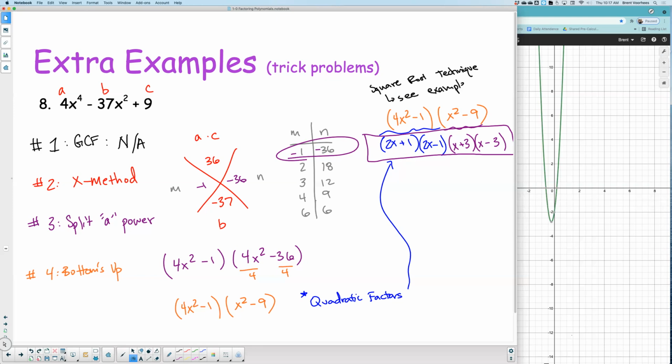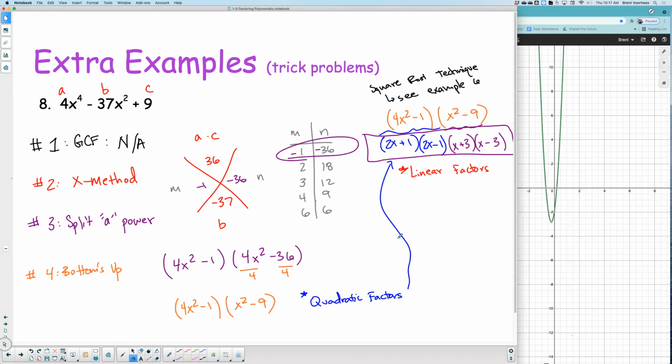What example did we do this on earlier? 6. See example 6. If you want to know what we just did there. And I will make the note, these are now what we would call linear factors. Let me write that as well, just to have better notes. There you go, that's a linear factor.